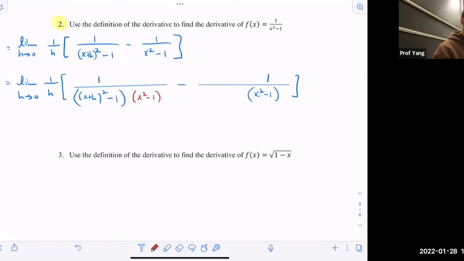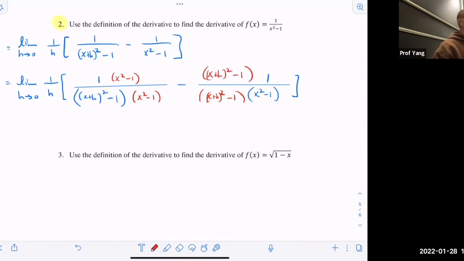Whatever I do to the bottom, I have to do to the top. For the second fraction, it's the other denominator I've got to multiply by. So I'm going to go (x plus h) squared minus 1, and then (x plus h) squared minus 1, like this.